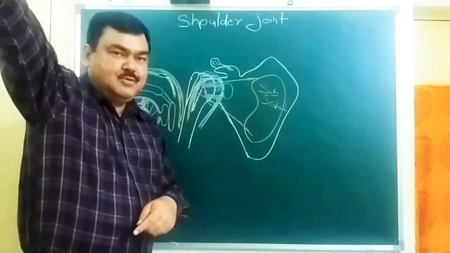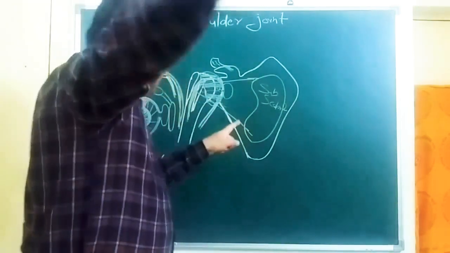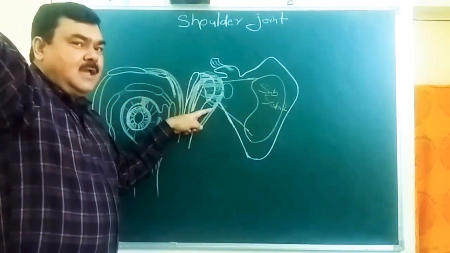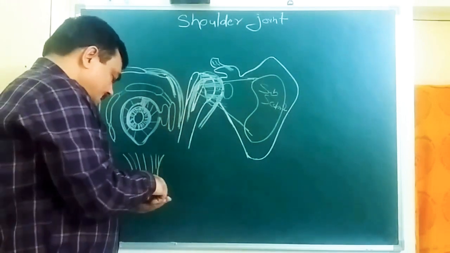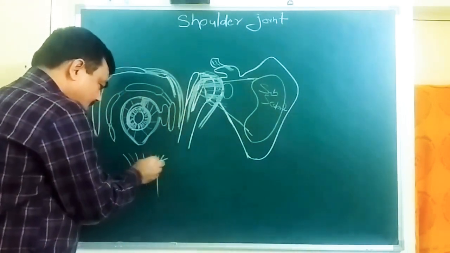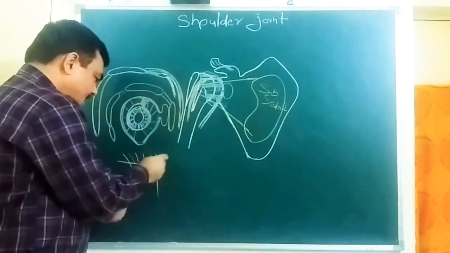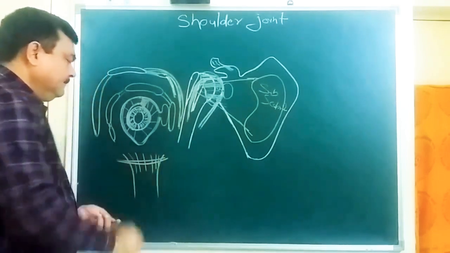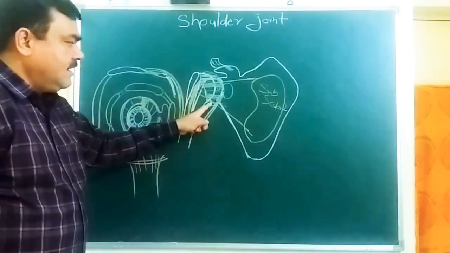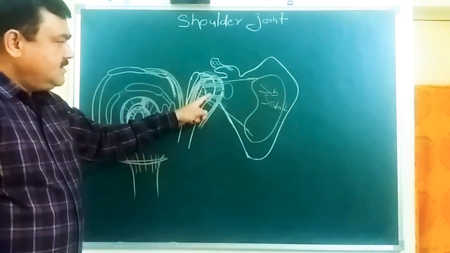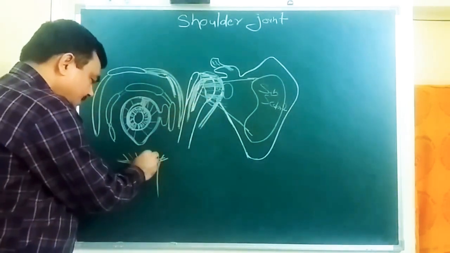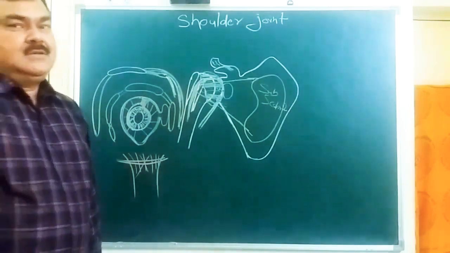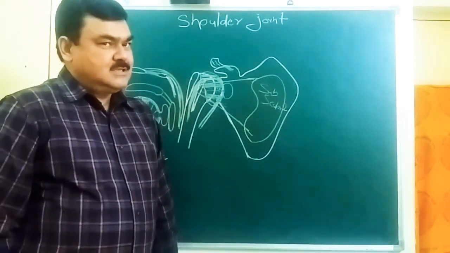In full abduction position, it reaches inferior side and it supports from inferior aspect. And in relation to this, here is axillary nerve and posterior circumflex humeral artery. In case of dislocation, initial dislocation is infraglenoid, so these two structures may be damaged during dislocation.